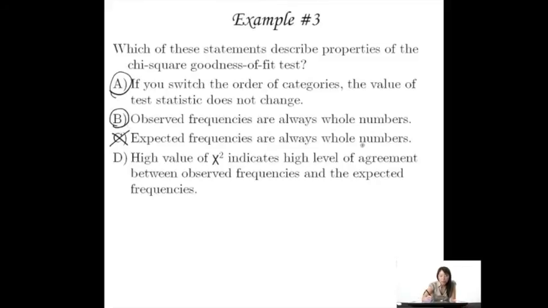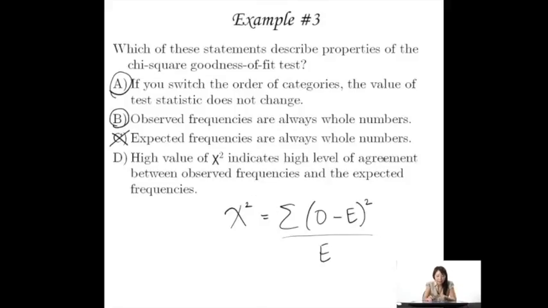A high value of, I almost said x squared, of chi-squared indicates a high level of agreement between observed frequencies and the expected frequencies. Actually, if you think about the chi-square statistic, this is the opposite of the real case.